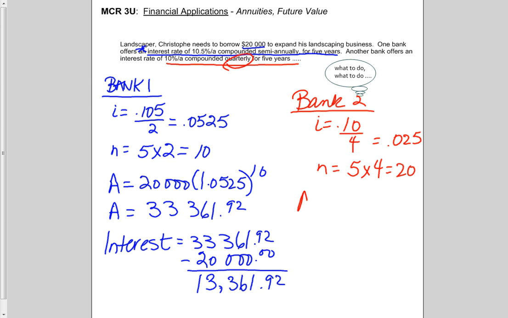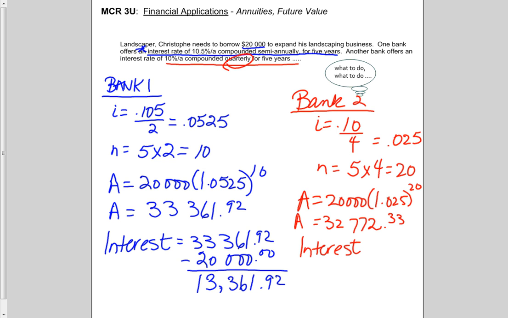The amount of this loan, $20,000, 1.025 to the power of 20. When we type that into our calculator, we will get $32,772.33.